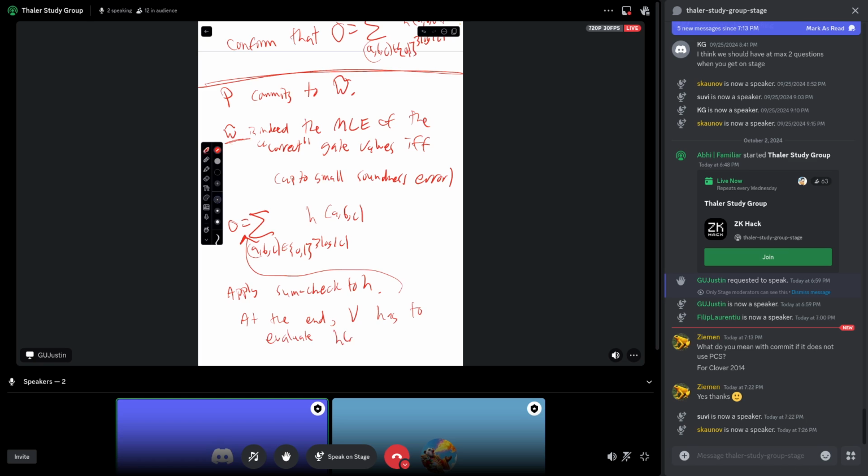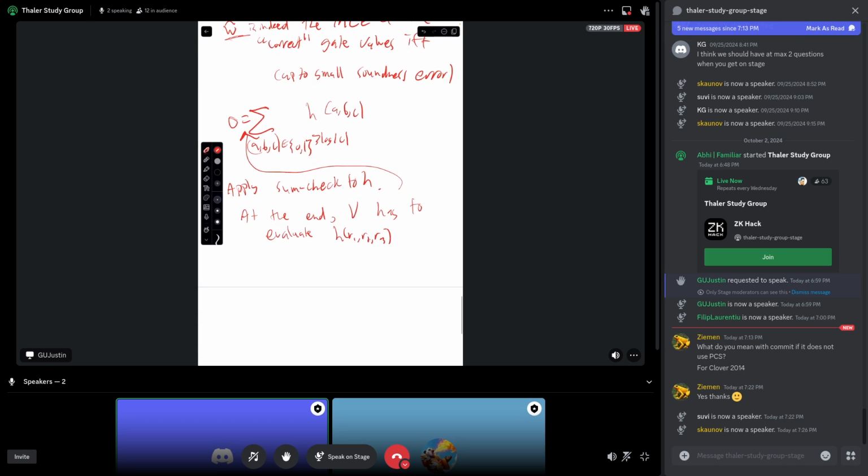So let's say H of R1, R2, R3, where each of these is in the field to the log circuit size. Think of them as each like a gate label, but in the whole field now, since we've moved outside of {0,1}. The actual gate labels are in {0,1}, but at the end of sum check, the random values are from the whole field, not just the Boolean hypercube.